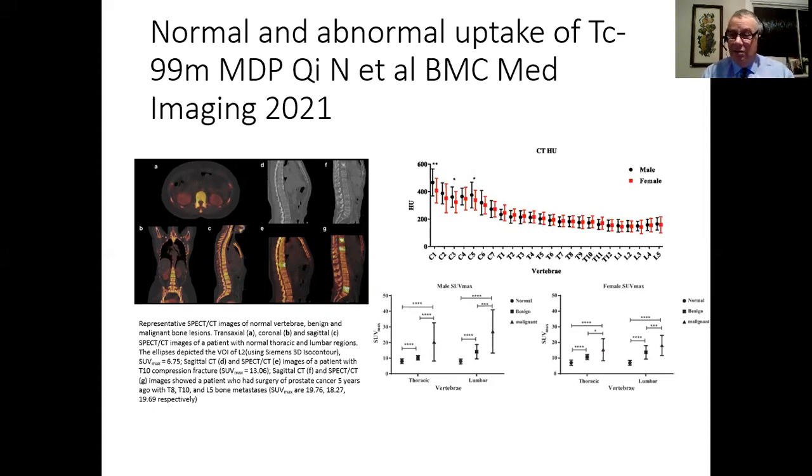And then they looked at benign and malignant disease and SUVs. And they found that, in fact, if you actually do quantitative measurement, it may be possible to differentiate between benign and malignant disease, particularly in the lumbar spine, where the SUV is much higher for metastasis than it was for benign disease.